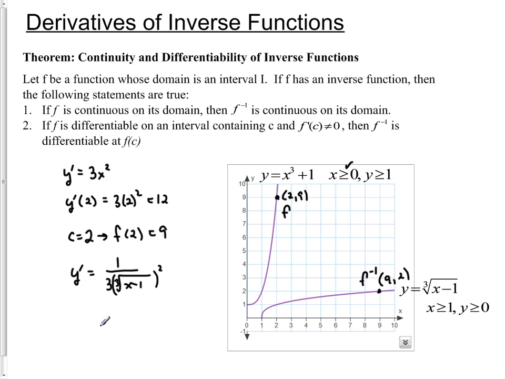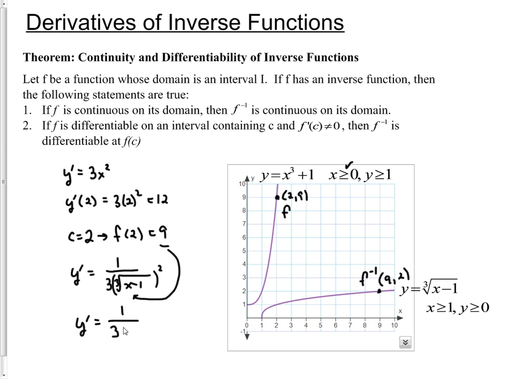And of course, we would certainly find that y prime does exist at 9 by making the substitution into our function and finding that y prime would be equal to 1 over 3 times the cube root of 9 minus 1, squared.